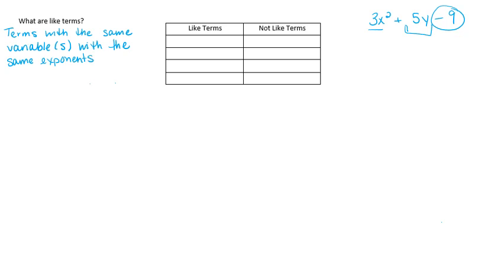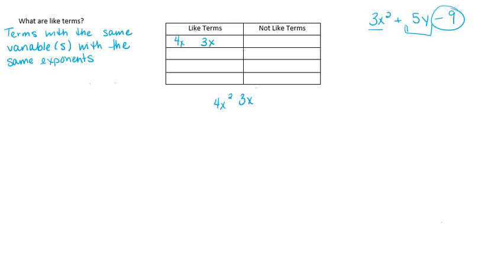All right, so I'm going to write down some terms, and then we're going to think it out. Are they like or not like? So let's look at 4x and 3x. They have the same variables, x and x, and they both are to the first power. So those are like. So I'm going to put those in the like section. All right, here's the next one. 4x squared and 3x.